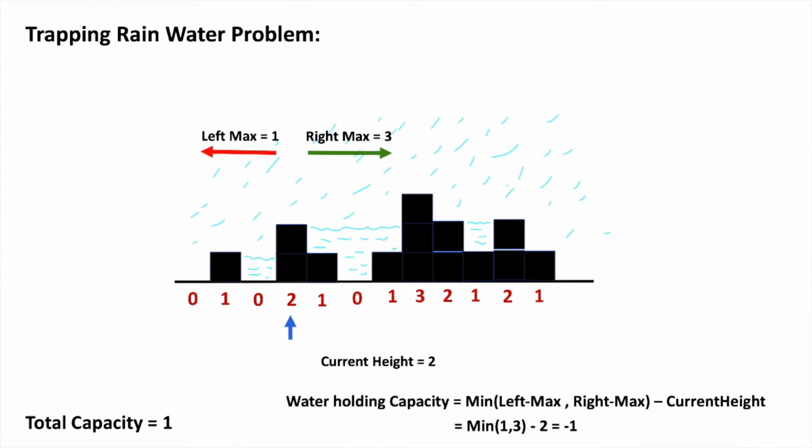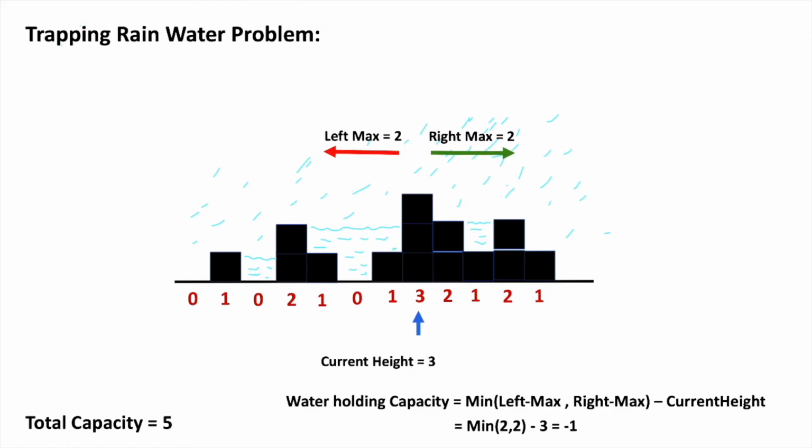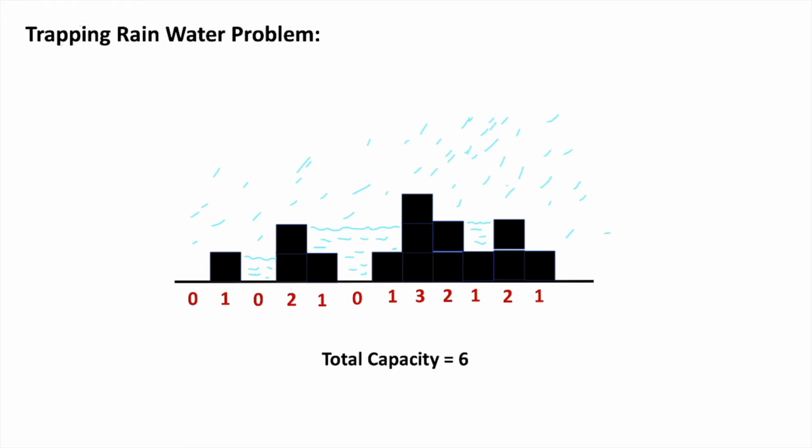And we have to keep on doing the same operation on each and every block and keep calculating the water holding capacity. Once we are done with the entire iteration over the array, we will get the final output, that is the total capacity of water that this structure can hold after the rain stops. So here you can see that the total amount of water this entire structure can hold is 6.